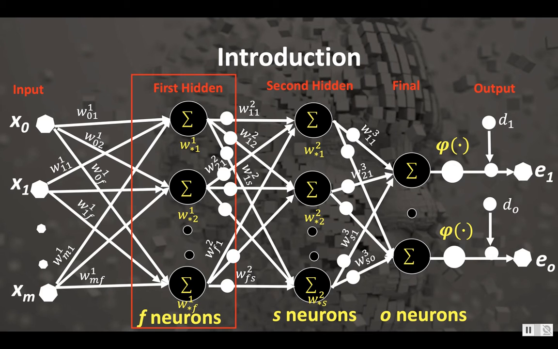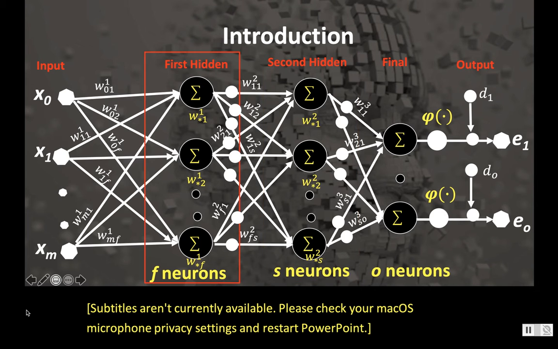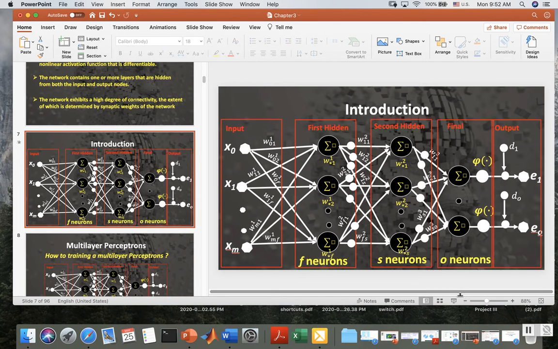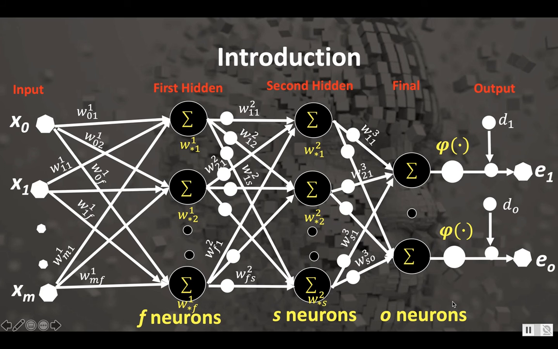Okay, let's look at it here. This 1 means the first hidden layer. This 0 means the input is x0.